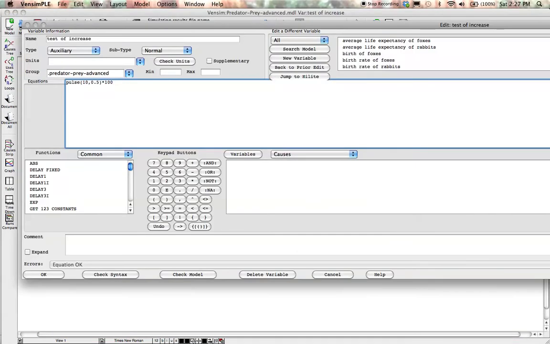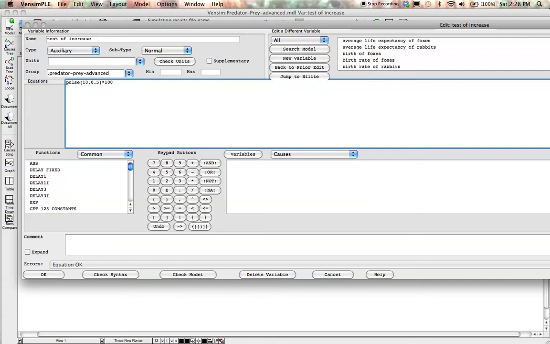And this is a new way to introduce a disturbance that's called a pulse. The idea here is that in this model, there is a pulse of rabbits that's introduced after time equals 10 years for a duration of 0.5, for a duration of 6 months.